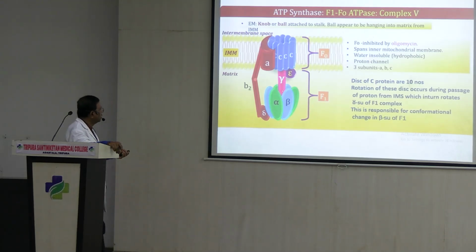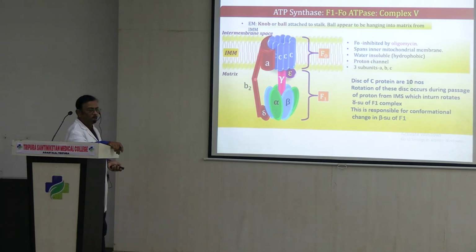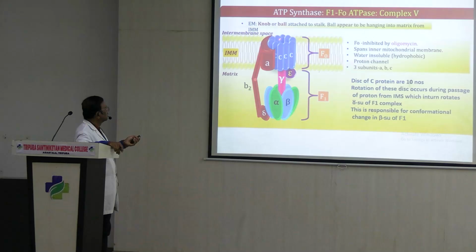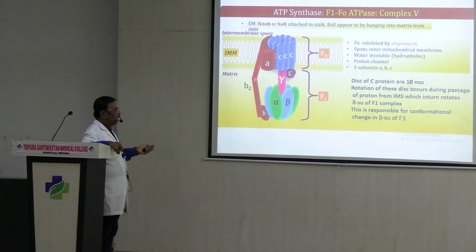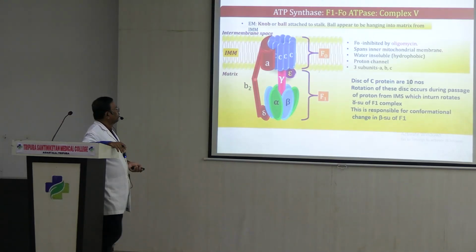This is the gamma subunit of the F1 complex. It is attached to the FO subunit. So when there is a rotation in this subunit, along with the FO subunit, the gamma subunit also rotates. It has a purpose, we will see later on.